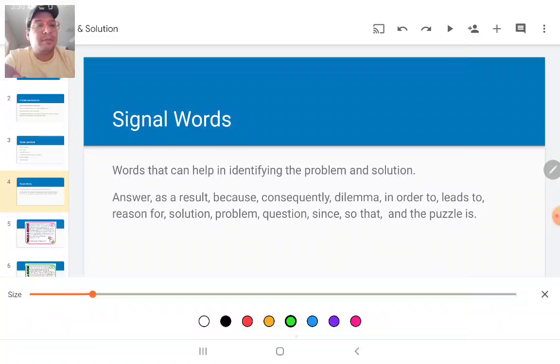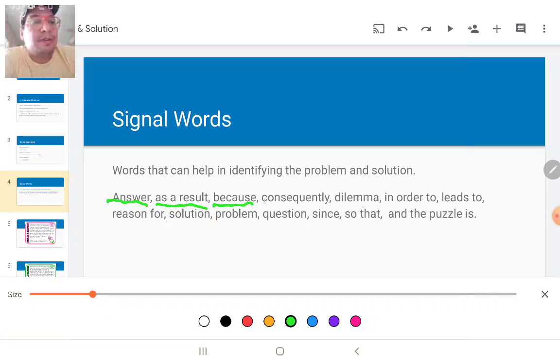Okay, so here in this particular slide, we have the words as answer. For example, the answer is this, or our answer could be this in a sentence, right? When we're reading, we have also, as a result of something happening in the story, because this, and that, right?